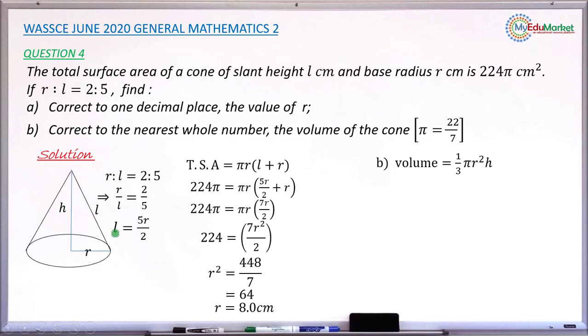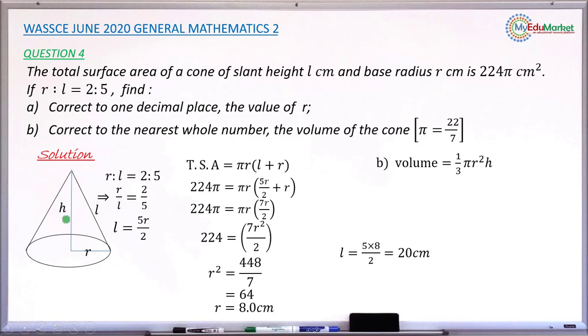Let me start with L first. Remember you have an equation for L in terms of R, as L equals 5R all over 2. Substituting R by 8, you have L equals 5 multiplied by 8 all over 2. That gives L as 20 centimeters. Now applying Pythagoras, you have the slant height as 20 and the radius as 8.